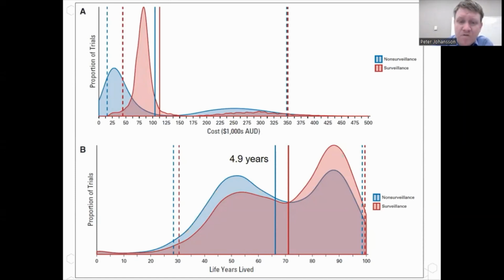Importantly, for higher costs, the red curve is below the blue curve, which means that there are fewer high-cost people in the surveilled group, which is basically because there are fewer patients with late-stage disease, and that's really where the high cost kicks in. And on average, a surveilled person costs the health system $6,200 more in these simulations.